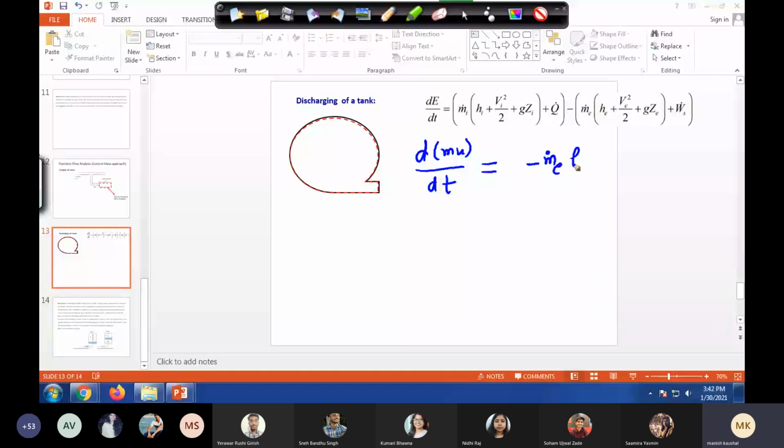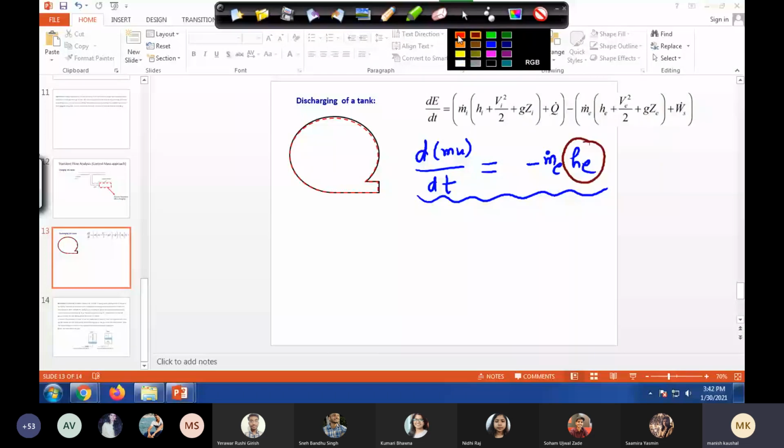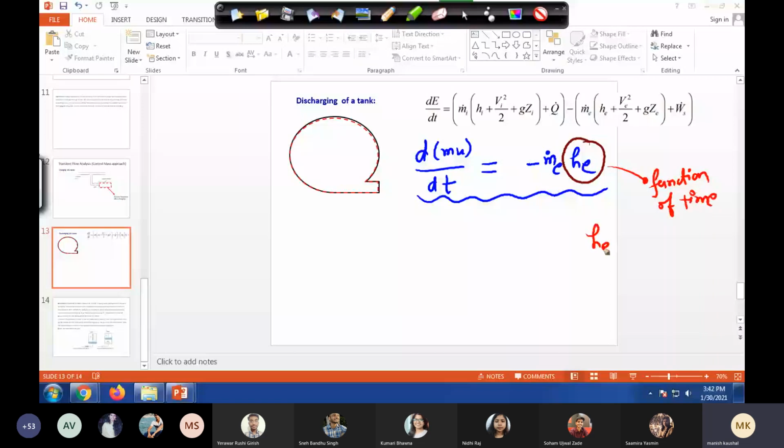Either you keep it in this differential form, and remember, there should not be any doubt that this HE is a function of time, because HE is nothing but the enthalpy of gas in the tank at time t, because you are writing this differential equation at time t.